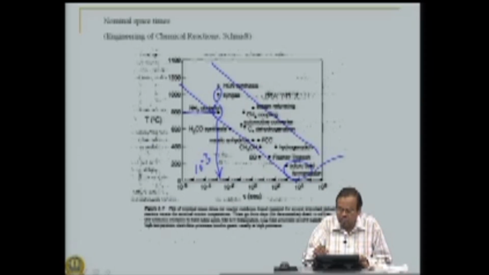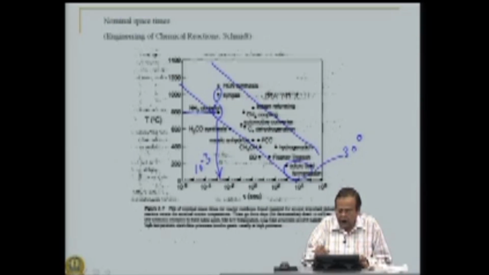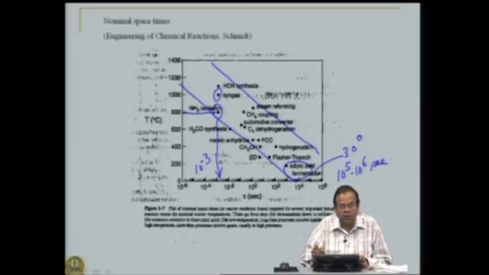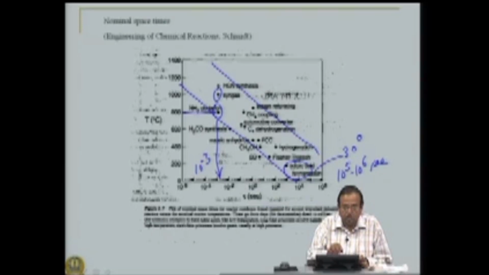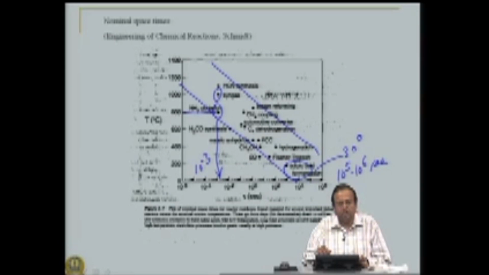So, on this extreme we have 30 degrees or up to 40, and residence times of 10 raised to 5, 10 raised to 6 seconds. You can work it out in hours and so on. So, as temperatures are higher, residence times are lower; as temperatures are lower, residence times are higher.